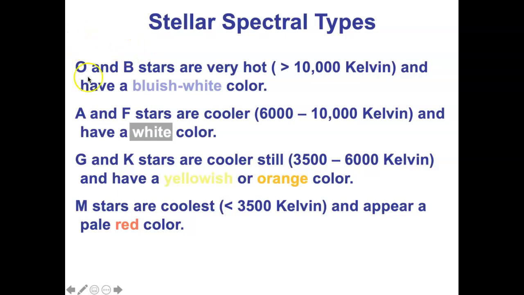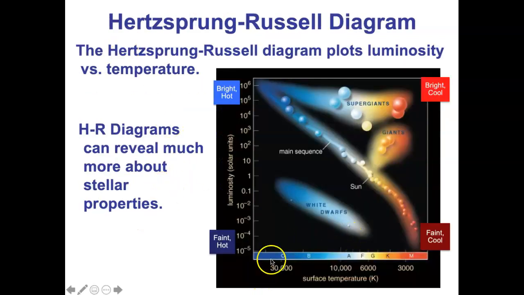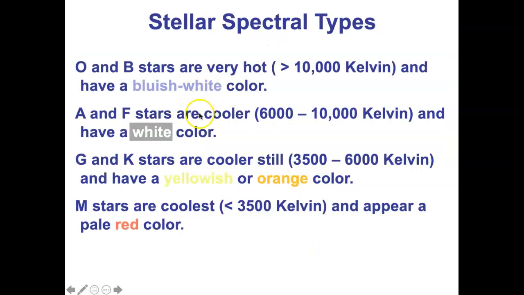So the O-type and the B-type stars are the hottest, the bluest stars, like you can see here, right? A little cooler than that, but still pretty darn hot, are the A-type and the F-type stars, which are whitish.